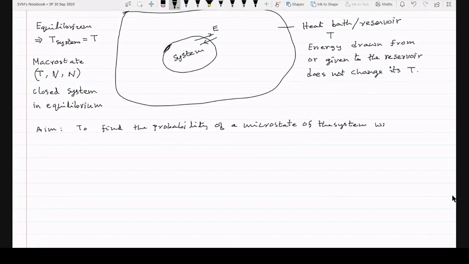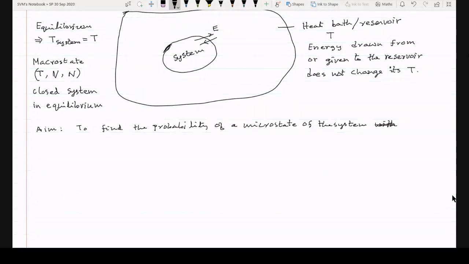As we discussed earlier, if you have the number of microstates and their respective probabilities, that will define our answer. So we may know all the possible microstates of the system, but then we have to find out their probability so that the description of the ensemble can be completed.